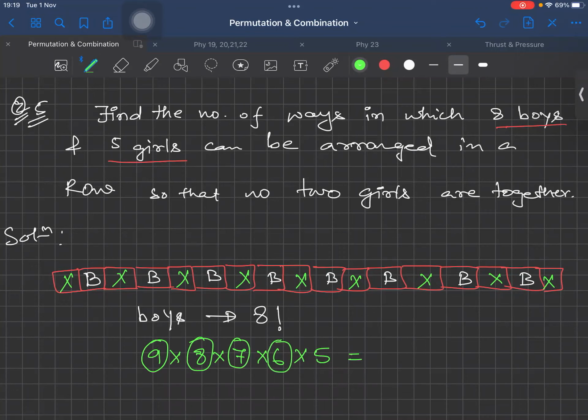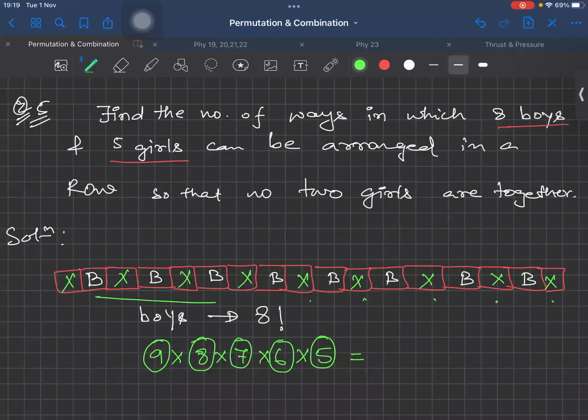Now there are 5 places remaining, and only 1 girl is there, so that girl can sit on 5 places. And boys can sit any way they want, but girls must not be allowed to sit together. That's what the question is.